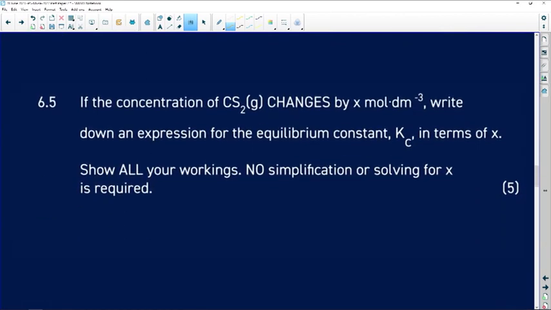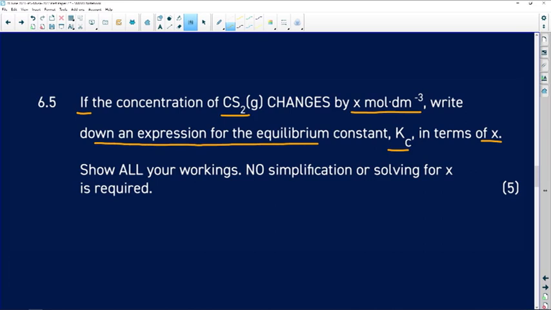6.5. In 6.5, what are we given here? It says if the concentration of carbon disulfide changes by x mole, we are told this one will change by x mole. Write down the expression for the equilibrium constant Kc in terms of x.